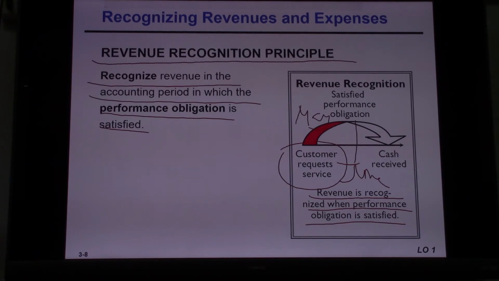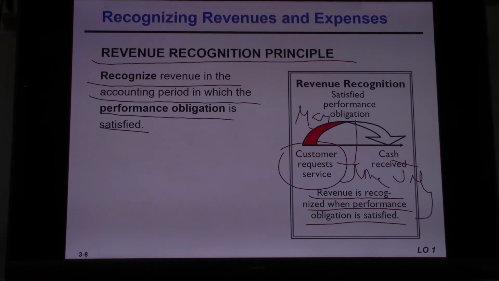Although you will receive cash as a result of this service in July. So, in this case, a customer requested a service in May, you performed this service or satisfied the obligation in June, and you will receive cash in July. When should you recognize revenue based on the revenue recognition principle?